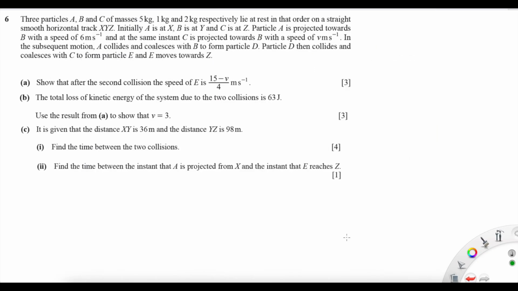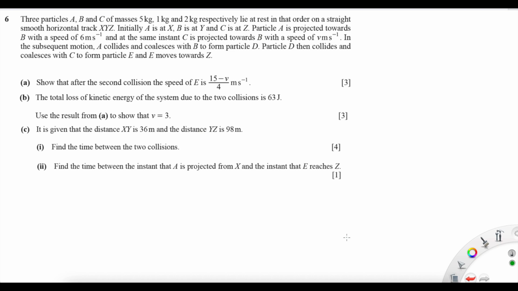Question number 6. Three particles A, B, and C of masses 5 kg, 1 kg, and 2 kg respectively lie at rest in that order on a straight, smooth, horizontal track X, Y, Z. Initially, A is at X, B is at Y, and C is at Z. Particle A is projected towards B with a speed of 6 meters per second.